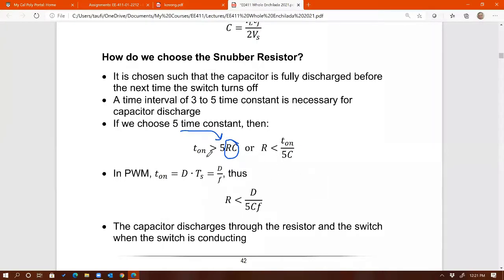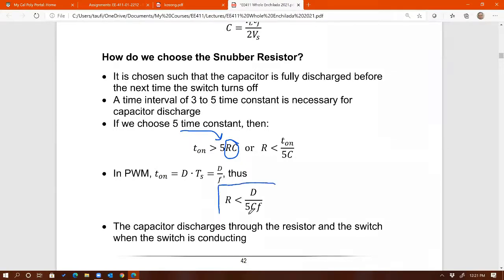So therefore, the on time of the switch, which relates to the duty cycle if it's PWM, that's dT, T1 equal to dT, must be larger than, in this example, 5 times the time constant. And from there, you should be able to get the size of the resistor in terms of resistance value.